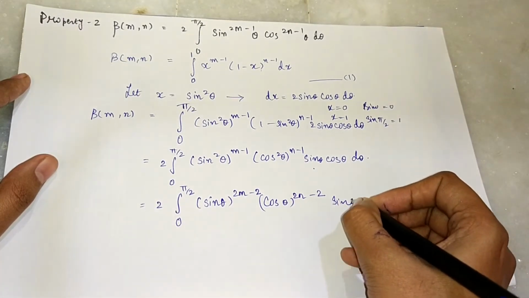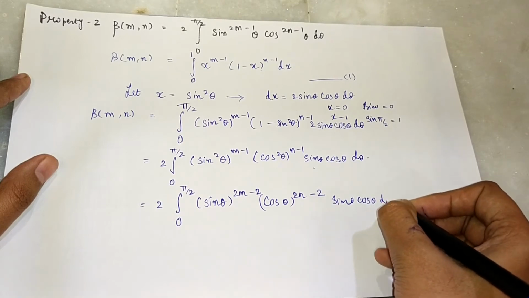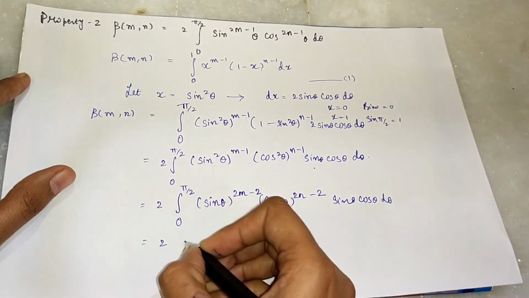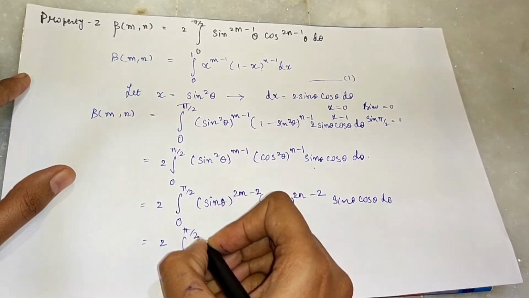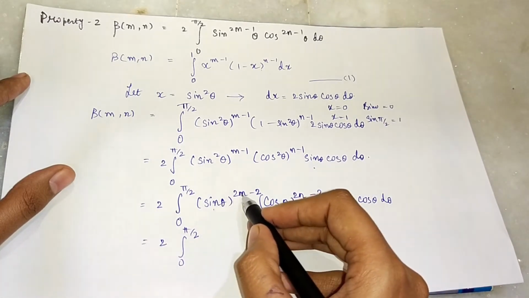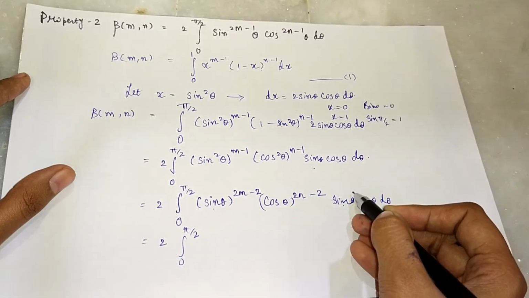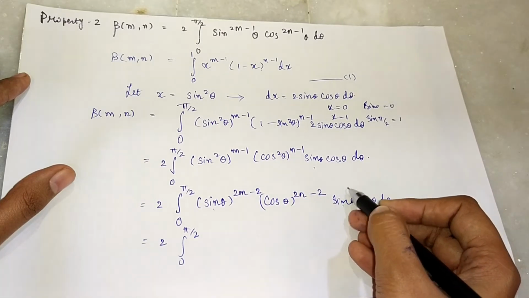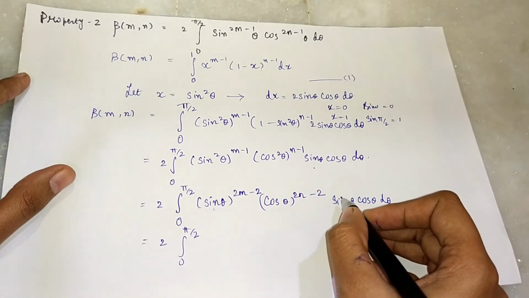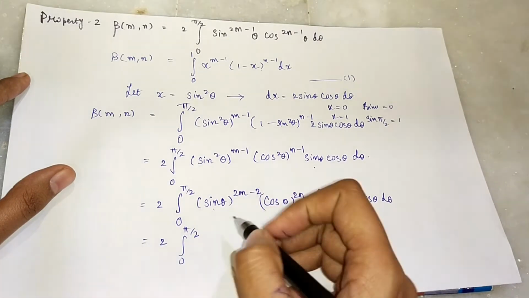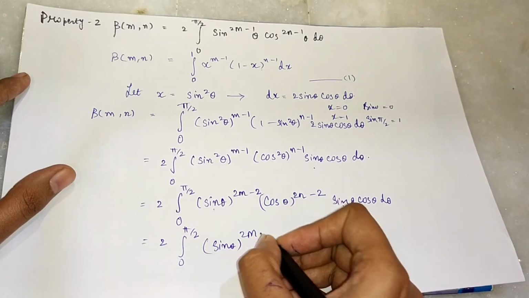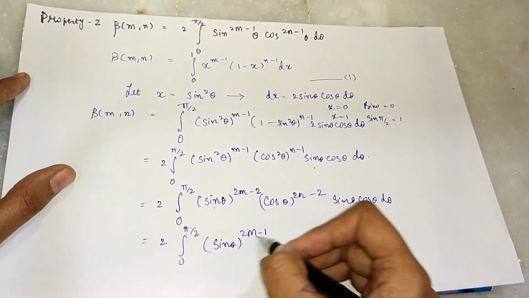And the sine theta and cos theta will remain as they are. Now if we multiply this sine theta and sine theta, the powers get added, so we can write sine theta raised to 2m minus 2 plus 1, that is 2m minus 1.